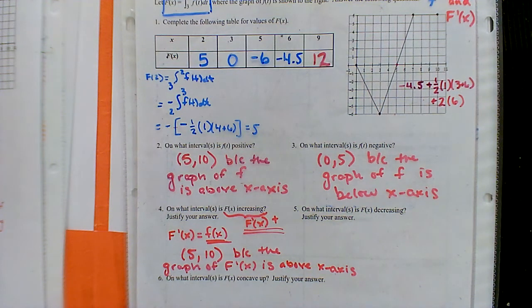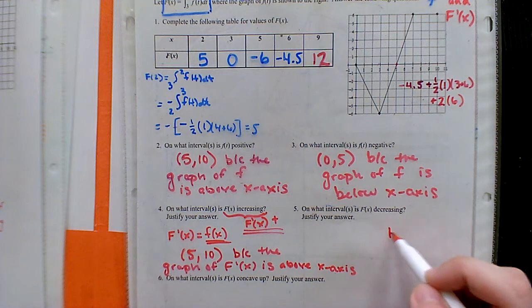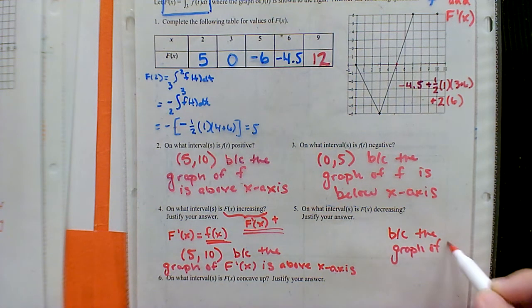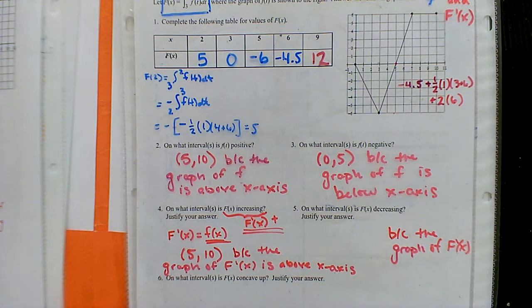So we just made a really big connection there. Not only is that the graph of little f, but it's also the graph of a derivative, which means we can analyze that for maxes, mins, increasing, decreasing, all those different characteristics. Let's try: on which intervals is capital F decreasing? Our justification should be something like because the graph of capital F prime.